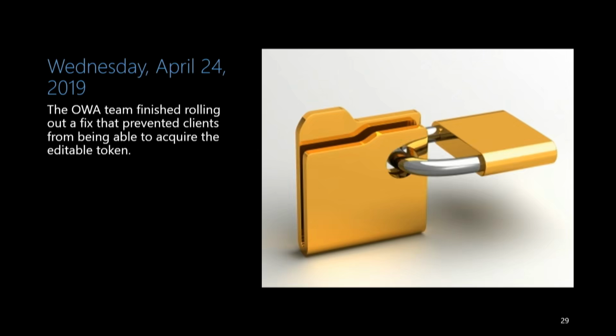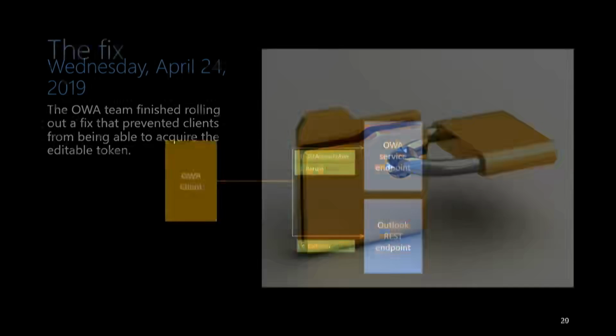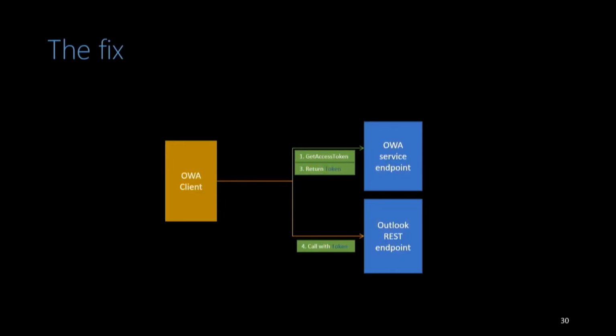And it is important to note that because of SERP and the incident response that Microsoft was following, the OWA team was never scrambling about what we should do and things like that. There was proper communication and coordination between the teams, which greatly helped in mitigating the issue very quickly. So let's go a bit more into details of the fix that we made.